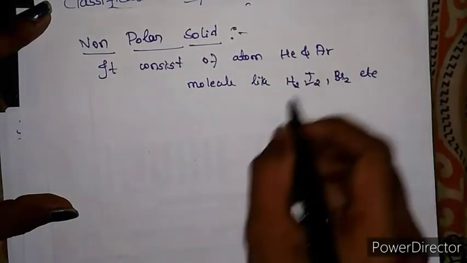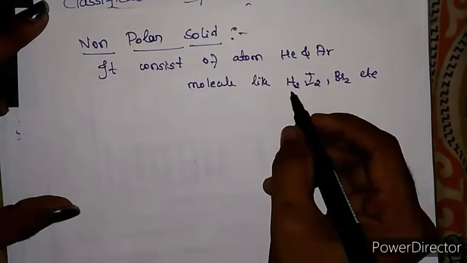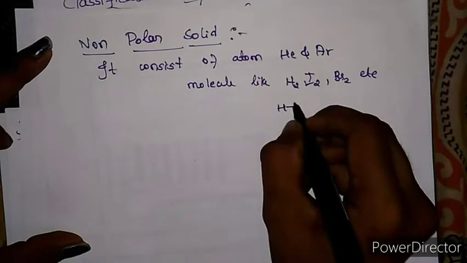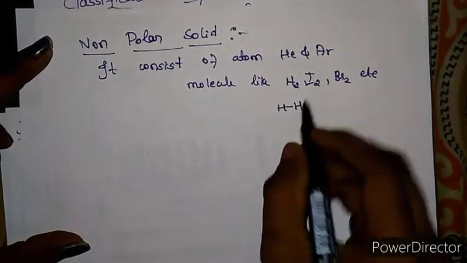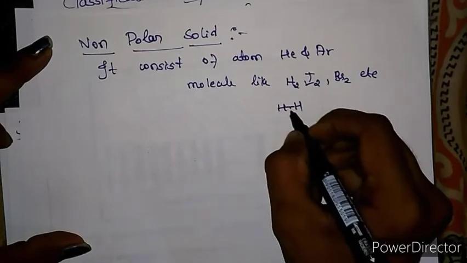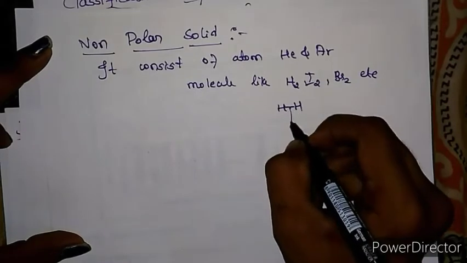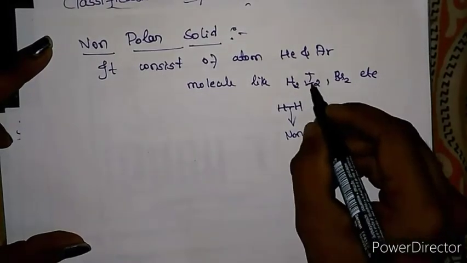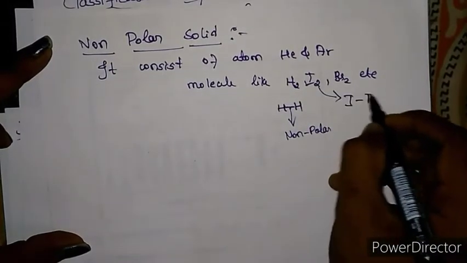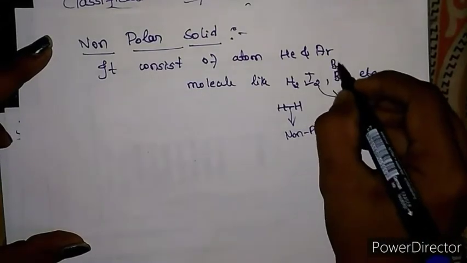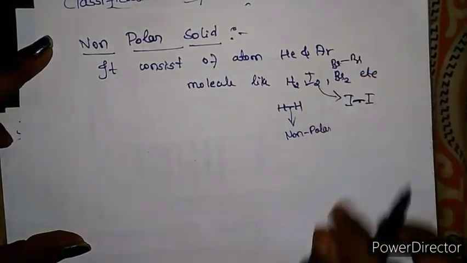These are non-polar molecules, right? Because this is what the structure of H2 looks like. Is this type of bond polar or non-polar? It is a non-polar bond, right? And if you consider I2, I and I, the bond is non-polar. Even in Br2, the bond is a non-polar covalent bond.